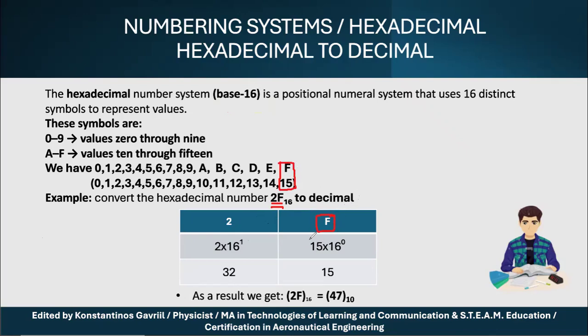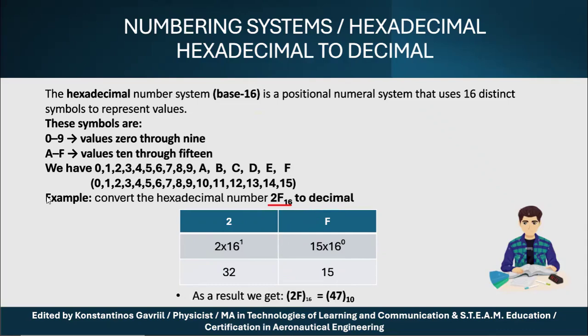So we write 15 times 16 to the power of 0, and here is 16 to the power of 1 multiplied by 2, as we used to do. So we get 15 from here and 32. Finally, we add these two and we get 47. 47 is our decimal number. So we repeat the same procedure. We write in the first row the number that they have given us, and we make the multiplications with the powers of 16.